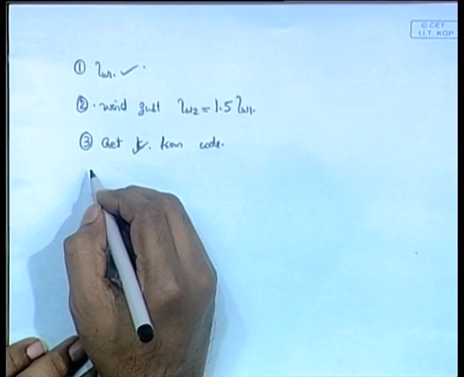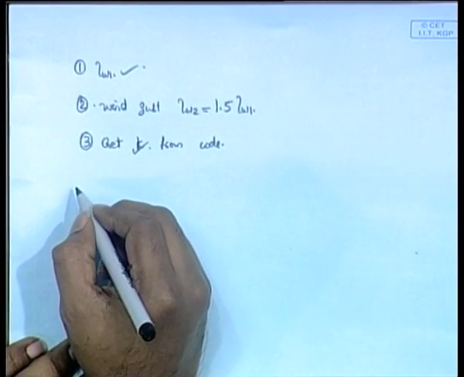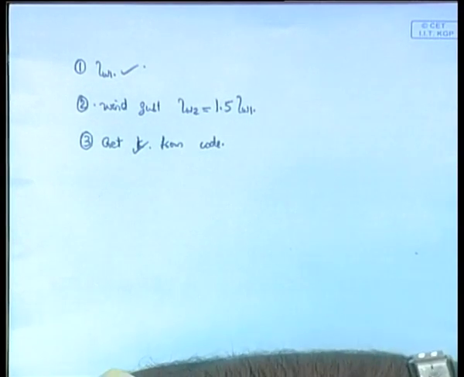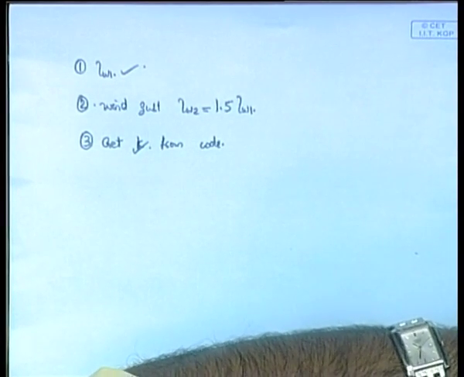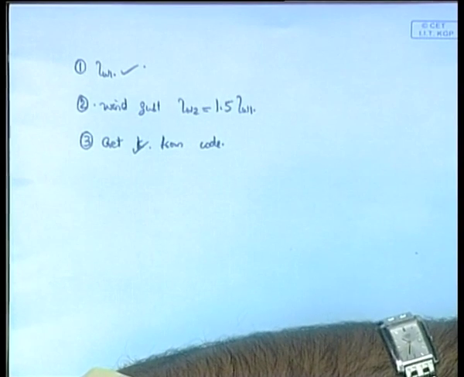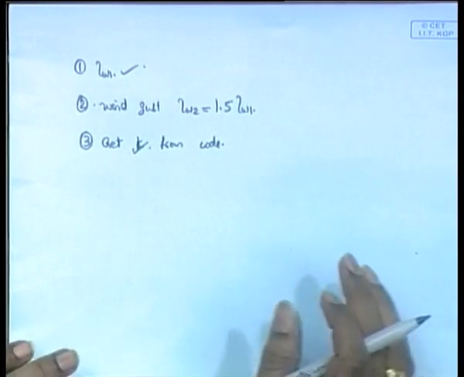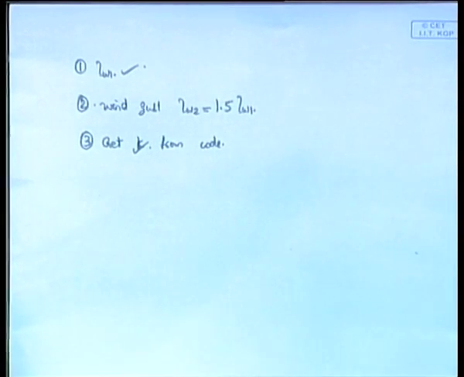Now, once you are given the type of bilge keel, that is, the length of the bilge keel. The bilge keel is the distance we have already said along the keel of the ship.